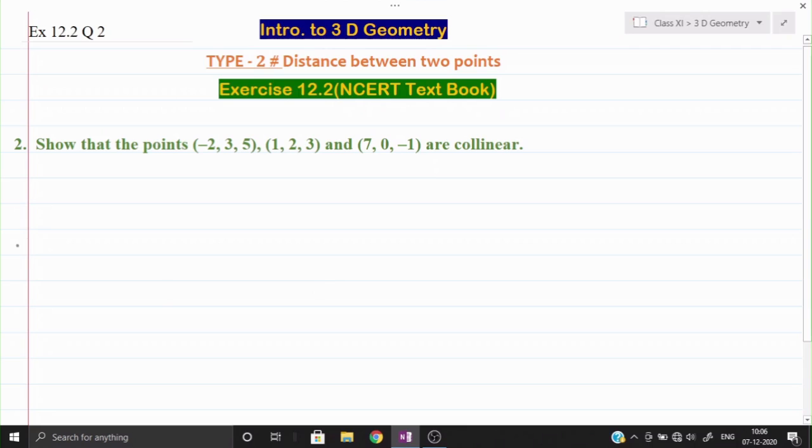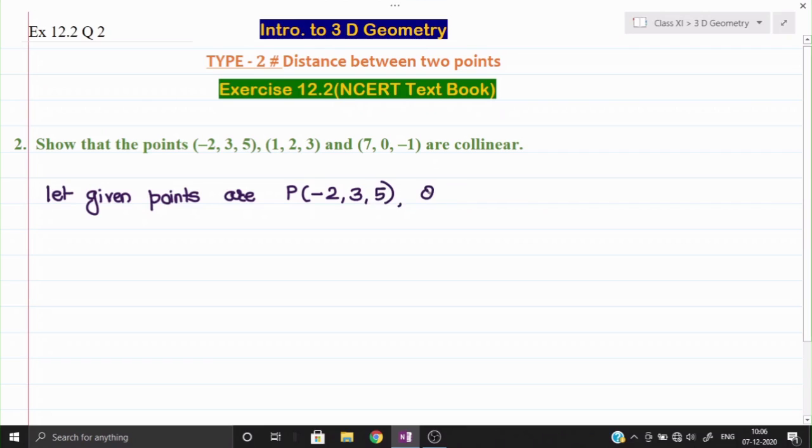First of all, I will take the 3 points' names. Let the given points be: first point I am supposing P, that is minus 2, 3, 5.